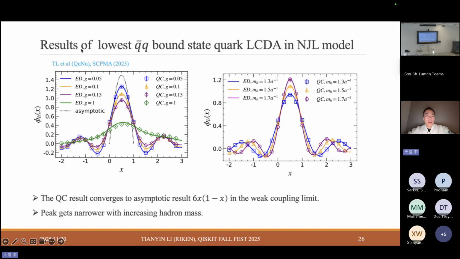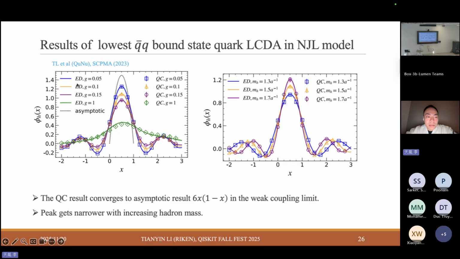Here are our results of the lowest QQ̄ bound state quark light-cone distribution amplitudes in the NJL model. We also execute our quantum circuit on a classical simulator, and we obtained the QC result here.